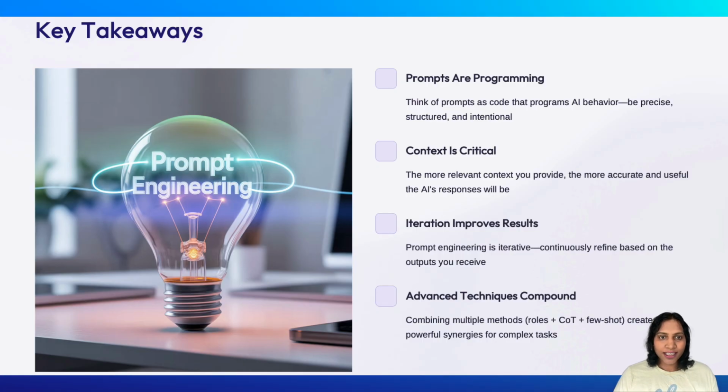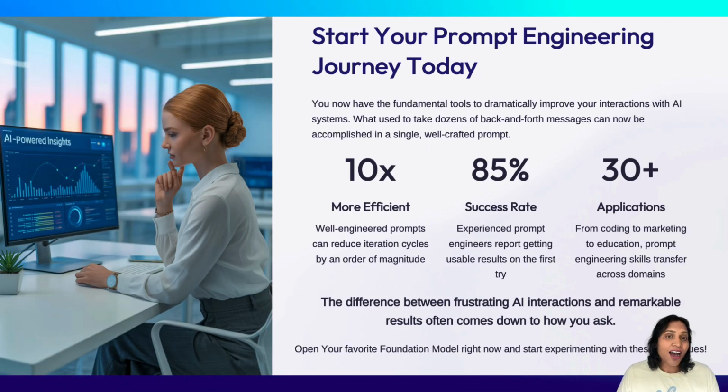The advanced techniques like chain of thought and few-shot learning can be really powerful, solve complex tasks, and provide reliable, structured output. So this brings us to the end. Are you ready to start your prompt engineering today? The journey can begin anywhere, and I'll be glad if you start from here.